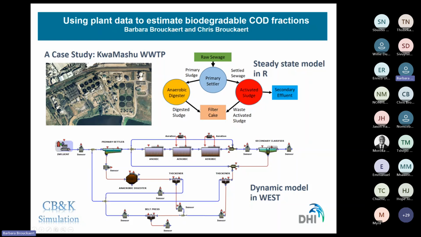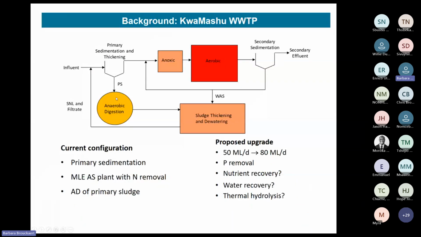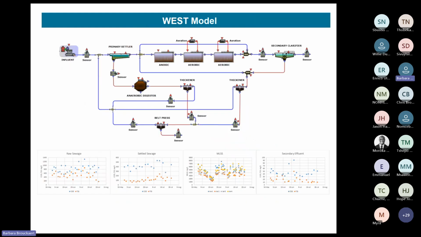And this is where I got to. Yep, the current configuration, and the future was hopefully phosphorus removal and possibly these other resource recovery options. So the first step in modeling an upgrade is to calibrate the base case model, the current configuration, with available plant data.